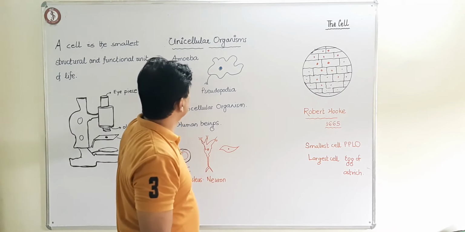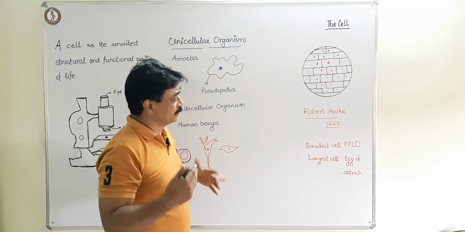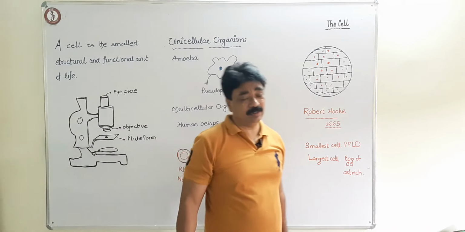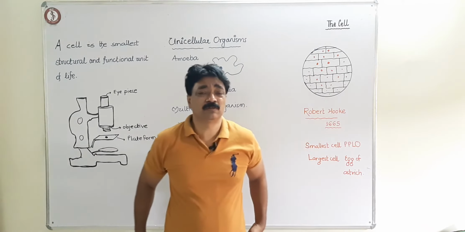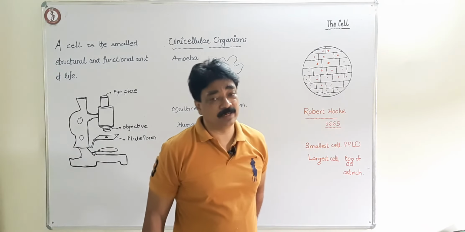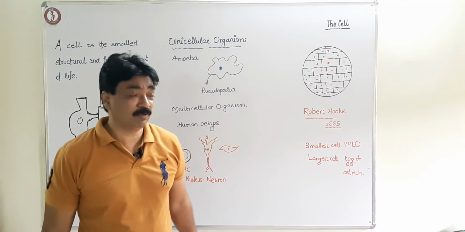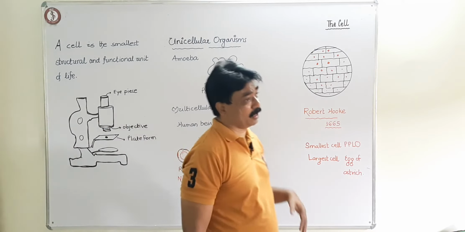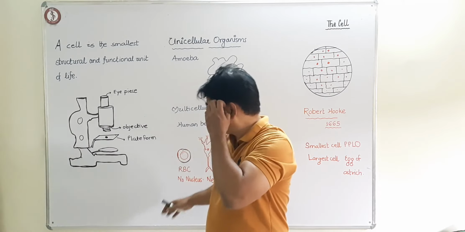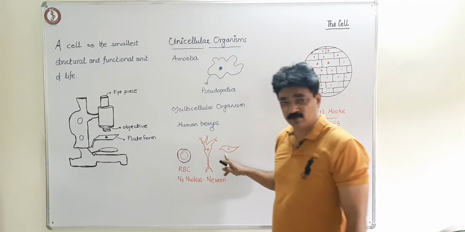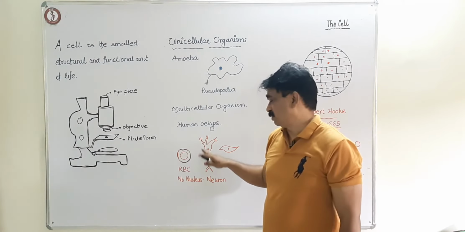Then we come to the types of cells. The cells, even in the human body, are of different shape and size. They can be small, they can be large. Some of them have certain organelles, some may not have. Like for example, in our body, the nerve cell is like this almost. And it contains a nucleus.